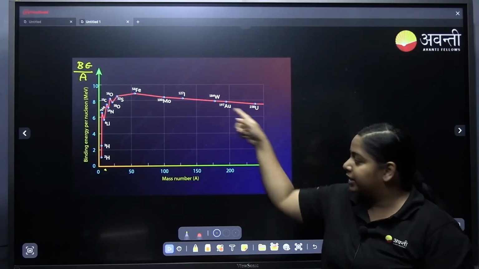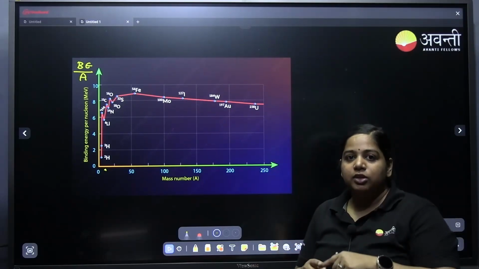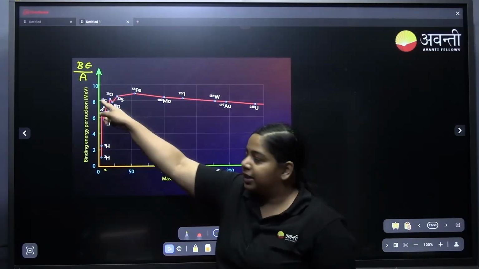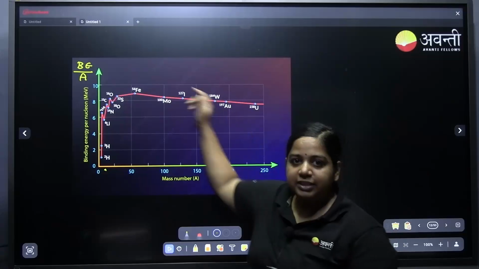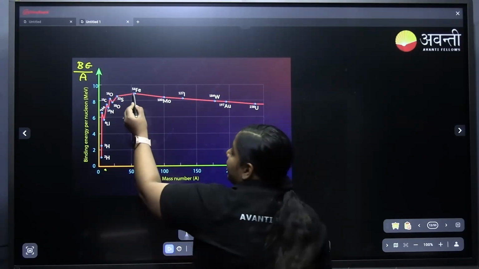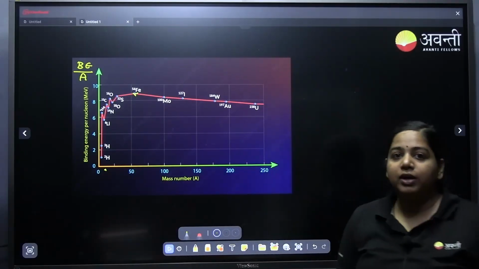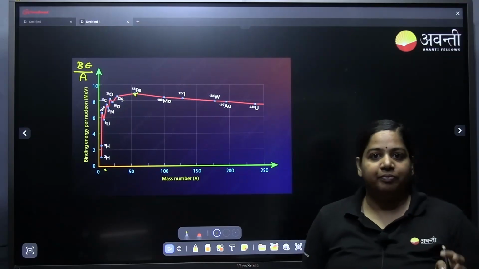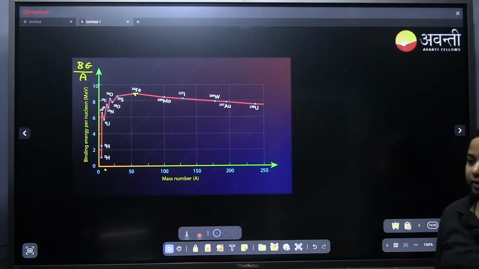That's why it is decreasing on this side. Initially binding energy is less, so the value will be less. Then it will increase and reach a stable value, and again it will decrease because A is increasing. And the maximum binding energy per nucleon is for iron. That's why we call it the strongest metal. Okay, iron. Now, is there any doubt in binding energy curve?